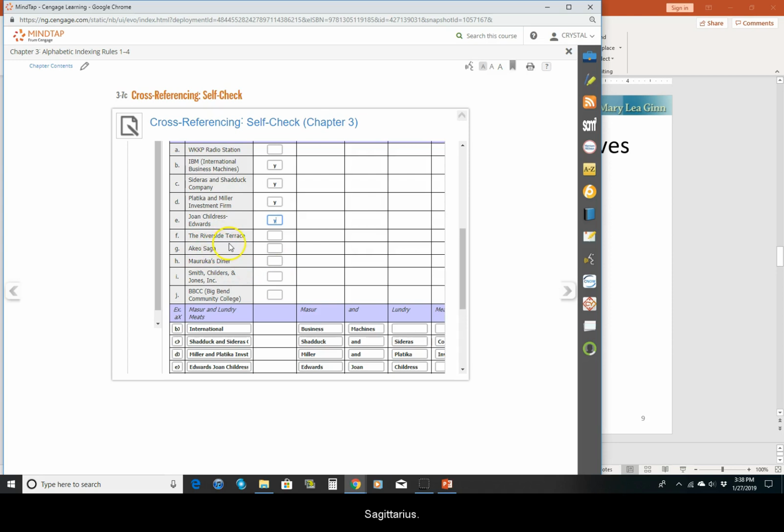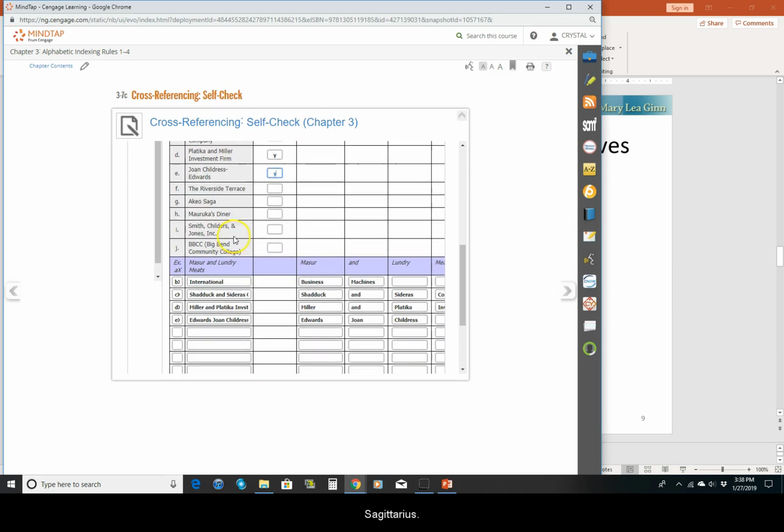Okay, let's continue. And yes, this one needs a cross-reference. The Riverdale Terrace or Riverside Terrace, no cross-reference needed. Now, Akigo Saga is a foreign name or an unusual name, so someone may ask for it in this order rather than the traditional last name, first name.